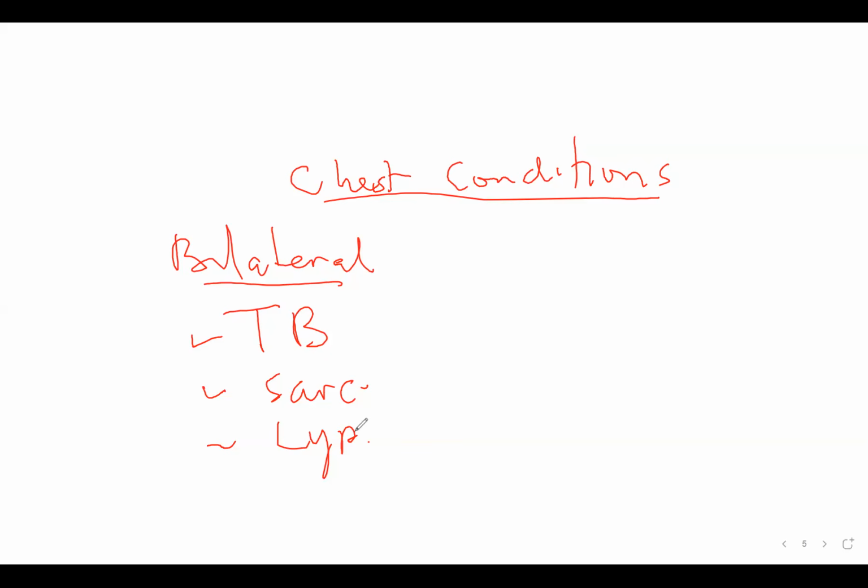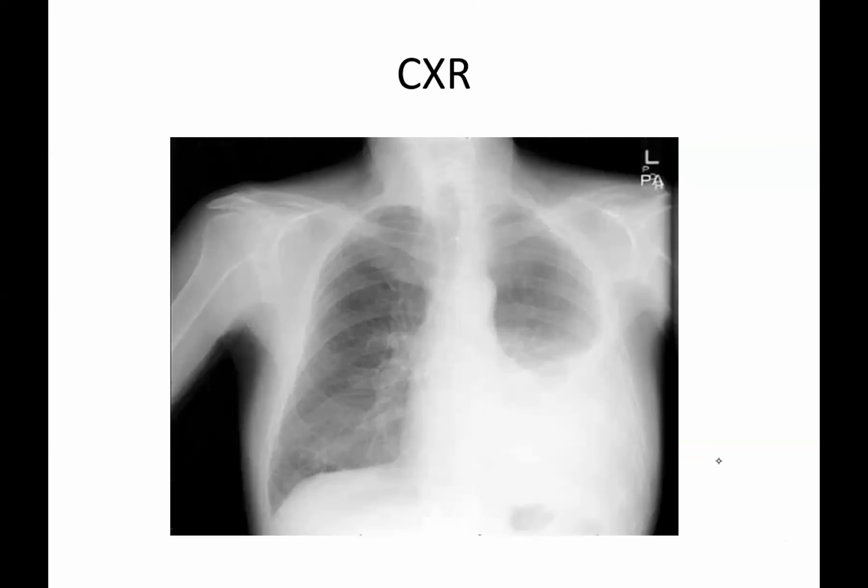Now, on X-rays, again, you should also know about opacities. There are different types. If you look at this X-ray now, you find that there is something here which we will discuss shortly. But any image that appears white like this is described as radio-opaque.